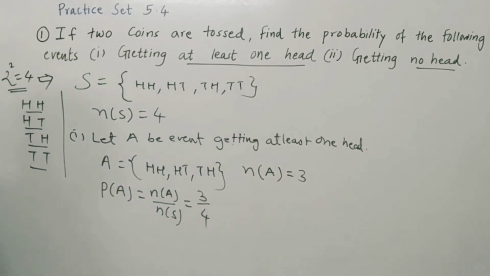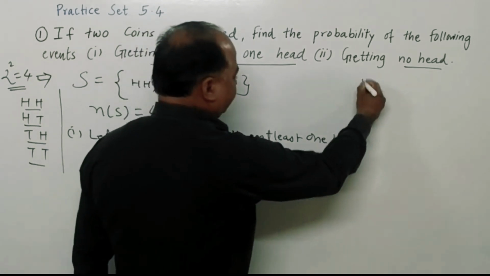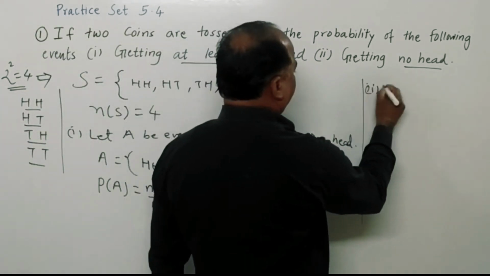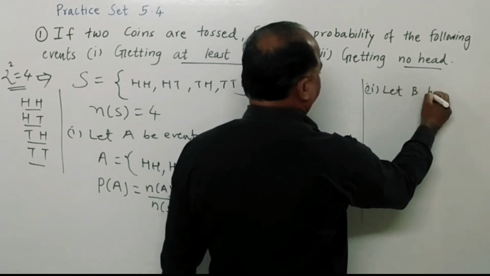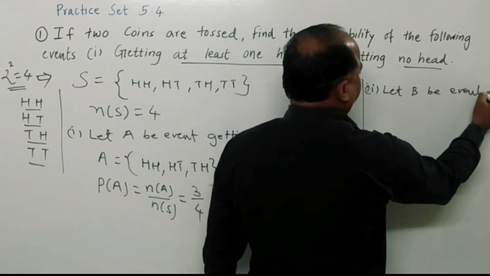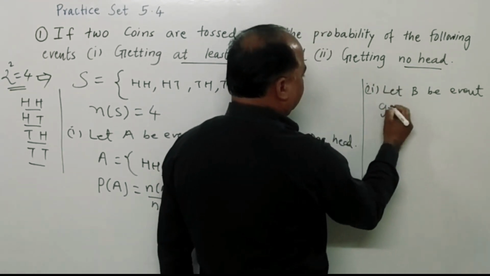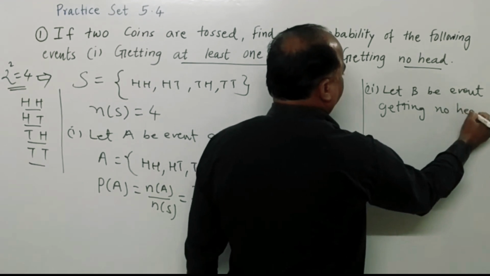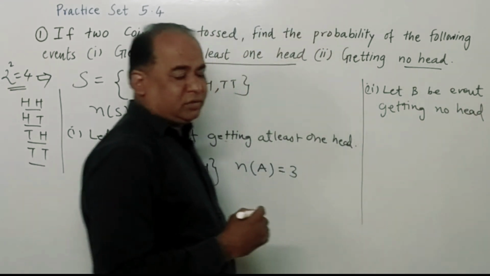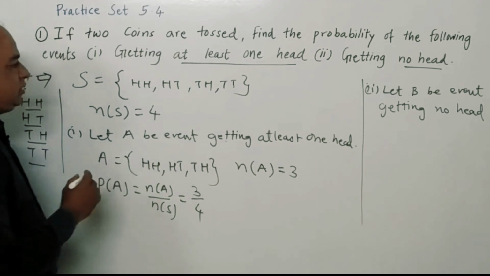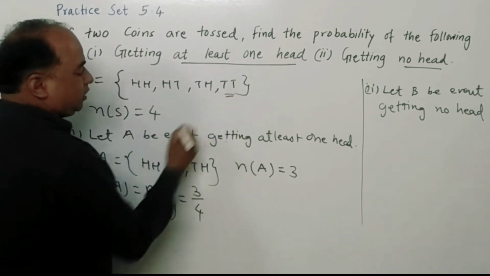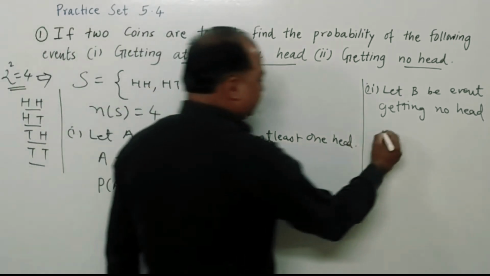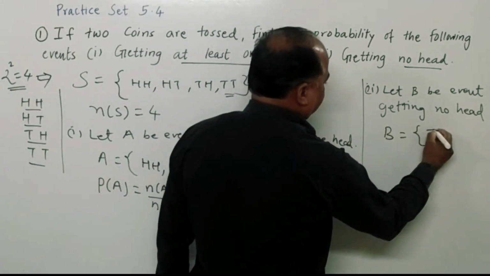Now for the second event, let B be the event getting no head. In the sample space, there is no head in only one sample point, that is TT. So B is equal to {TT}.